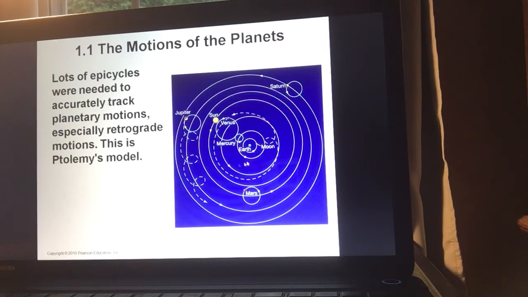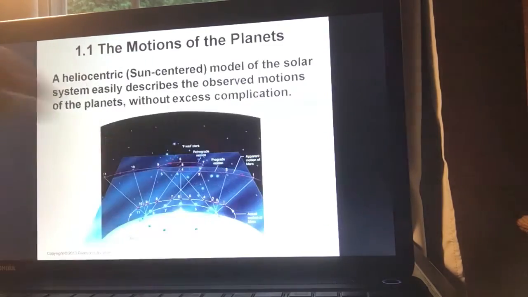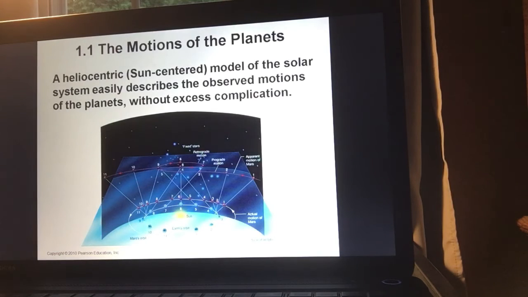As you can see, this model is pretty complex. In science, when something becomes really complex, people start to wonder whether this is the right direction to go, or whether something was wrong and we should do something differently.